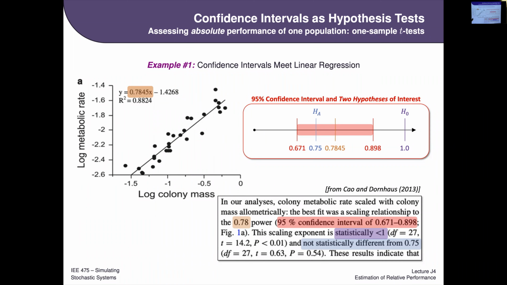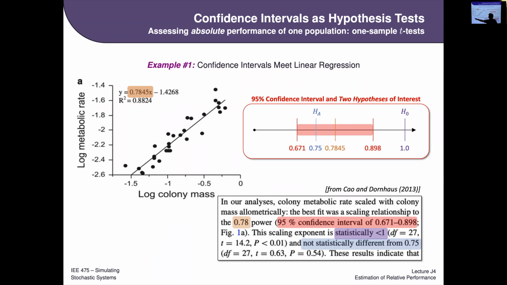Well, you can measure the CO2 production out of an ant colony based on how big it is. And what you find is that the bigger colonies produce more CO2, which makes sense. But there's a big question about, as the colonies scale, how much more CO2 do they produce? Does it scale linearly, or does it scale with some other exponent?